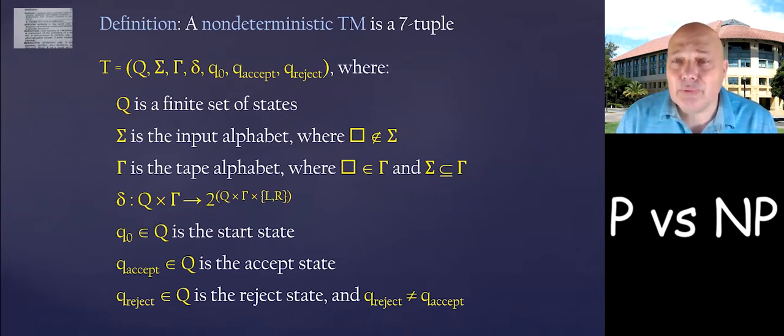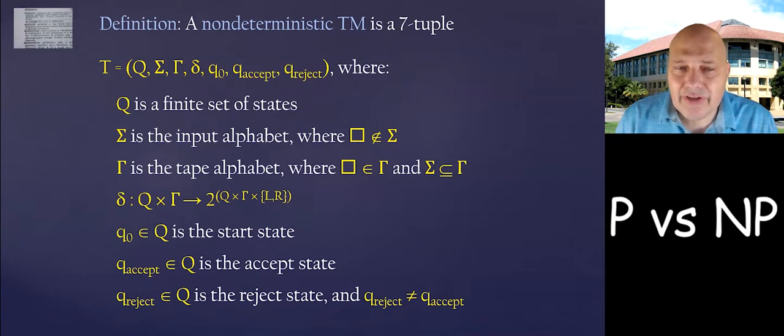Sigma is the input alphabet, and the empty cell is a symbol that is not in the input alphabet, so we can distinguish where the input is and where we have empty cells. Gamma is the tape alphabet that contains both the empty cell and all the input alphabet and anything else that we may want to use.